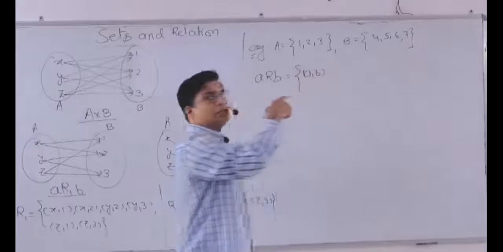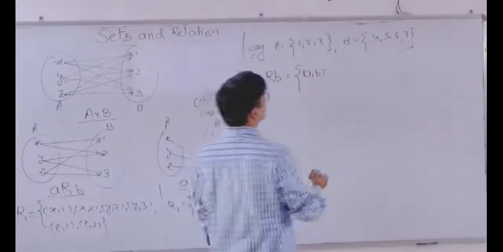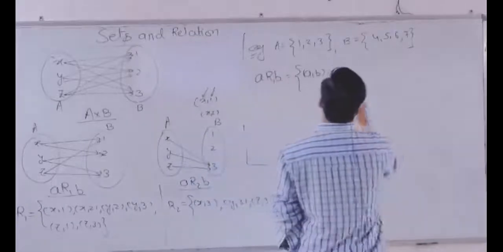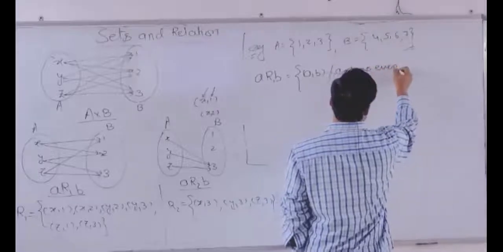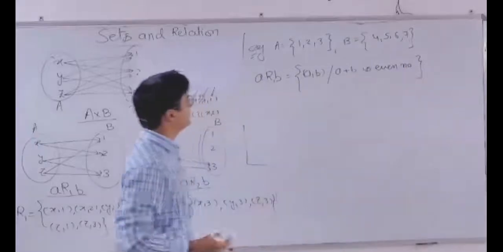Understand, I am using set builder form: {(a, b) | a + b is even}. This is our set builder form.